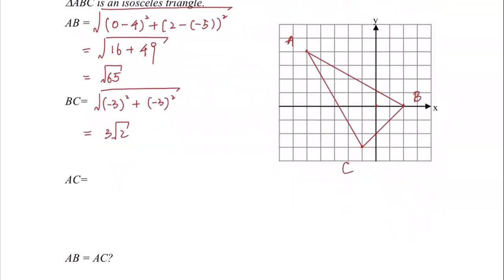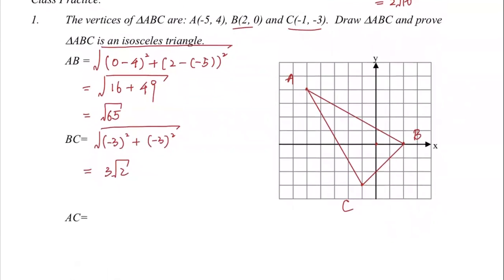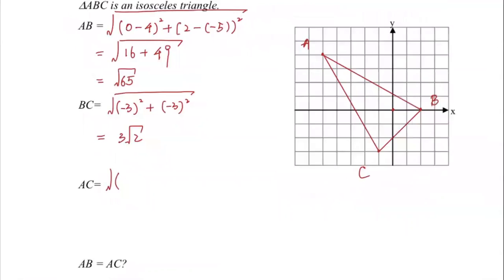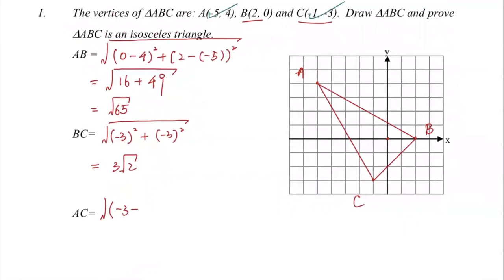AC. For AC, we use these two points. So AC is equal to the square root of -3 minus 4 squared plus -1 minus -5 squared.